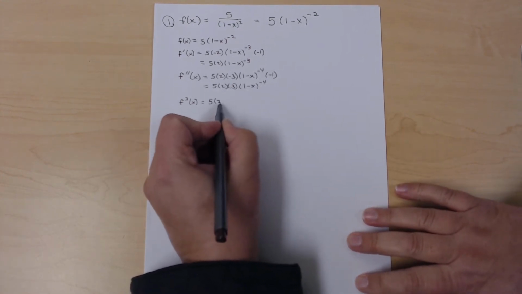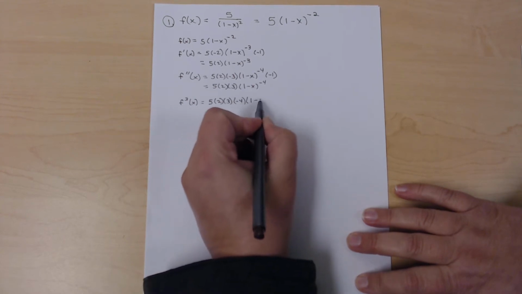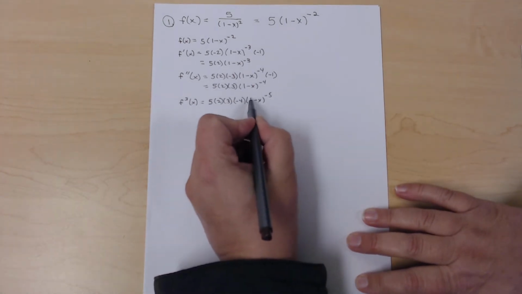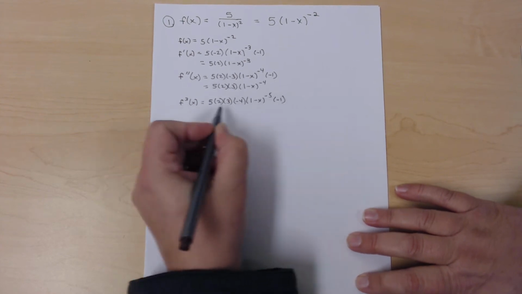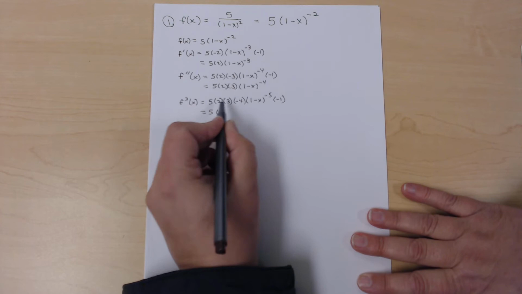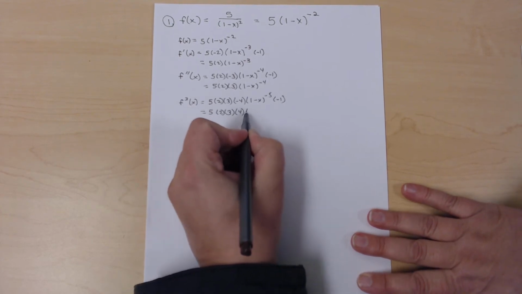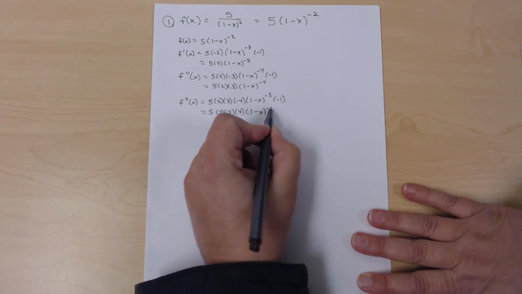Roll it down, 2 times 3 times negative 4. Subtract 1 from the exponent, but take the derivative of what's inside because it's a quantity, and we get to knock those two negatives out. So 5 times 2 times 3 times 4 times (1 minus x) to the negative 5.